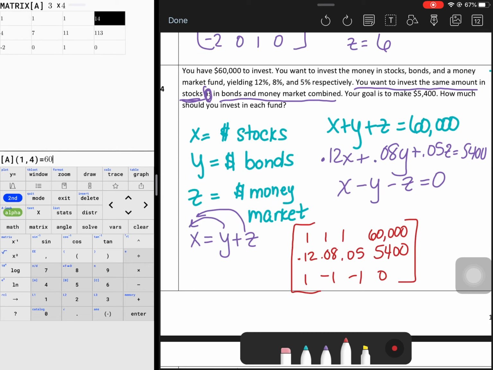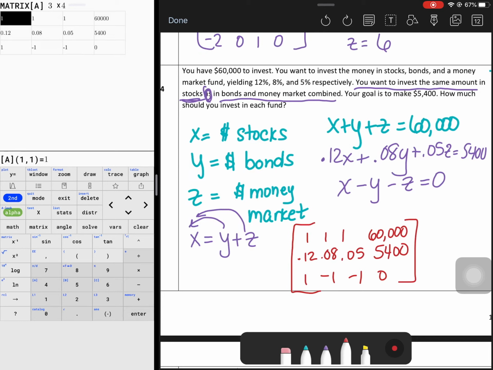Be careful when you put in your 60,000 that you get enough zeros. Then be careful of your decimals. All right, then we're on the last row. And make sure you press enter after the last one.